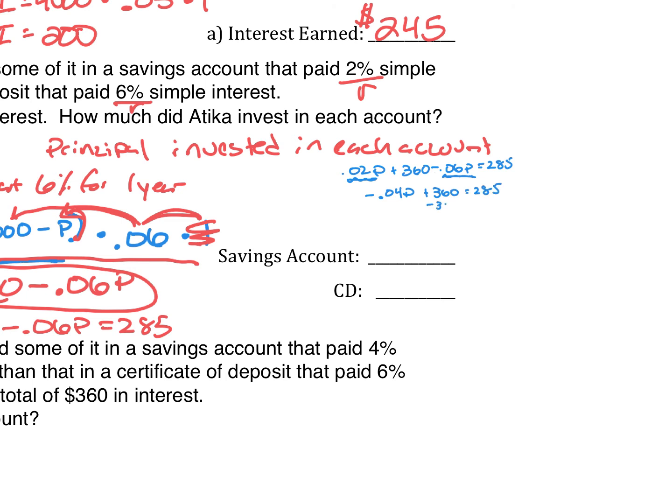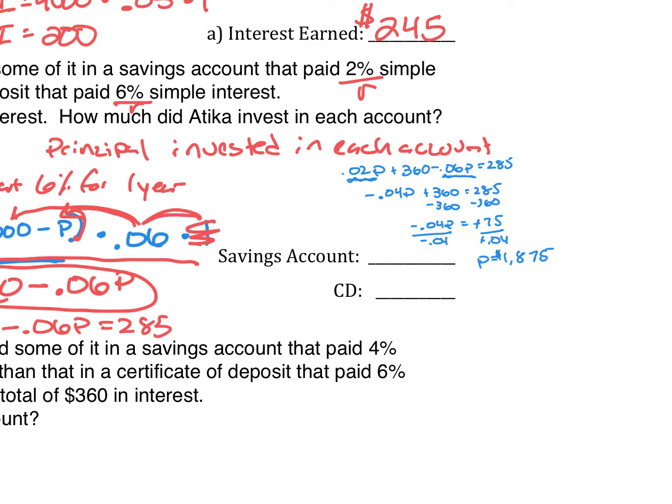We're going to subtract 360 from both sides, and we get negative 0.04P equals negative 75. Then we're going to divide both sides by negative 0.04, and we ultimately get P equal to $1,875. Because the negatives just cancel out, we end up with a positive amount.